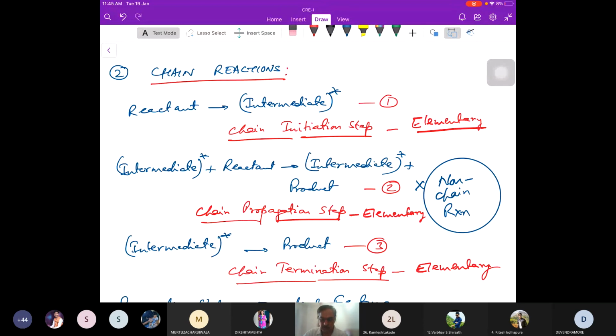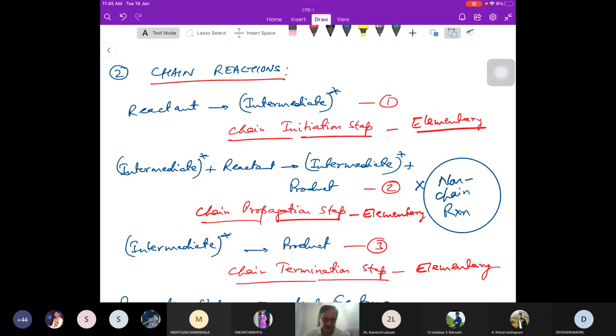So if you have elementary reactions, we can write a rate equation for step 1, or step 2, or step 3, and combine these in a way which will give us an overall rate equation, in which we'll say what the rate controlling step is, which Ritesh is asking many times.